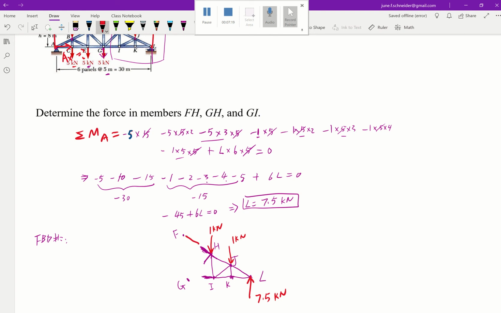We'll assume this is a direction. We're going to call this FH. We're going to call this GH. For this, we can go this direction. We're going to call GI. Okay, so those are the three unknowns, and let's see how do we solve it.